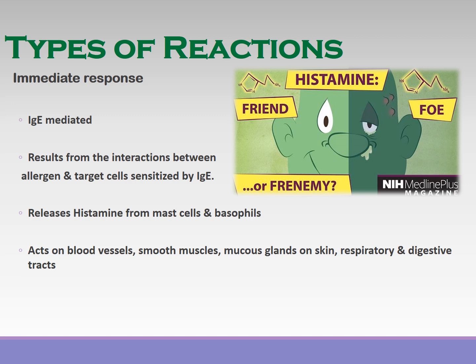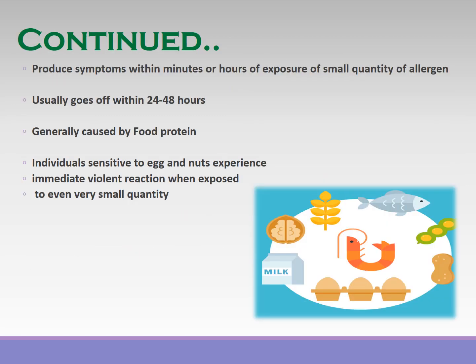It releases histamine from mast cells and basophils, which acts on blood vessels, smooth muscles and mucous glands on the skin, especially in the respiratory and digestive tracts. This produces symptoms within minutes or hours of exposure to a small quantity of allergen.